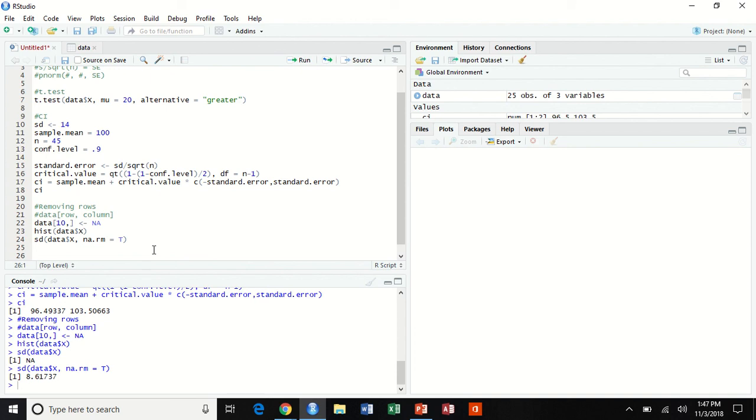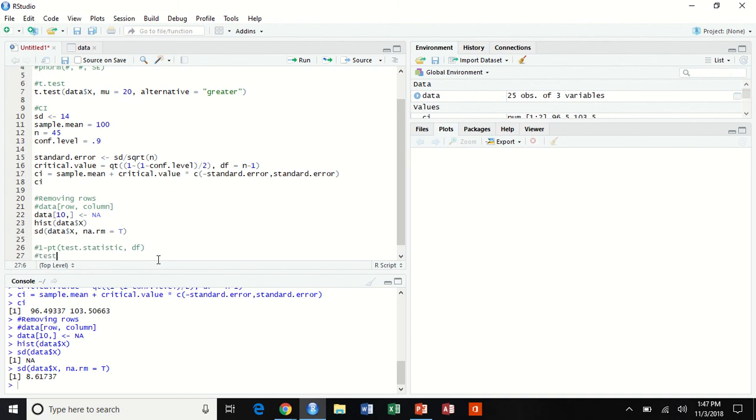Next, we'll be going over one minus pt. To do this, it will be on one of the last questions. You'll do 1 minus, the format is 1 minus pt, test statistic, comma, degrees of freedom.